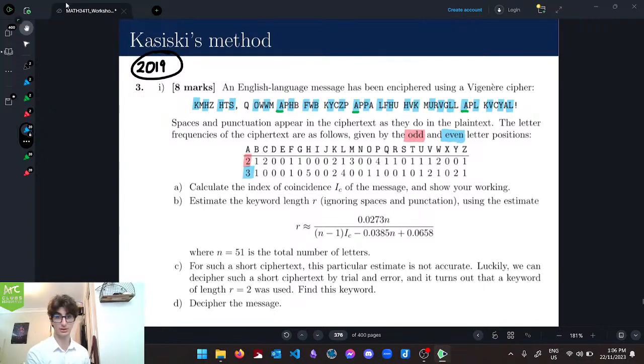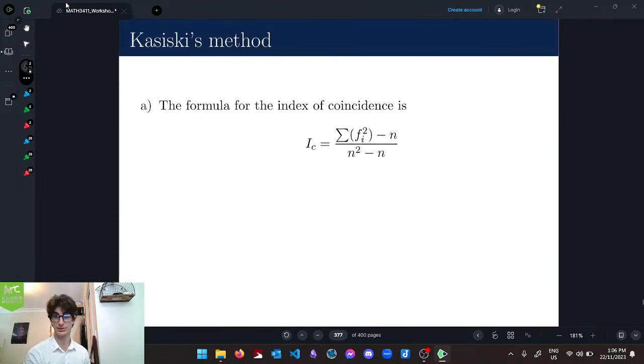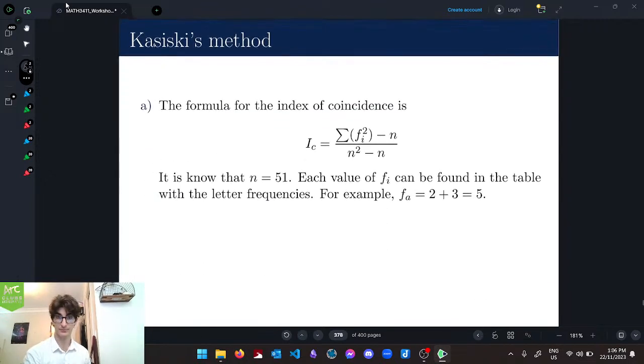Calculating the index of coincidence is our first question. So we'll use the formula we just looked at, I sub c. We know that n is 51, the length of the entire message. Each value f sub i can be found in the table with letter frequencies. For example, the frequency of the letter capital A is 2 plus 3, which is 5.